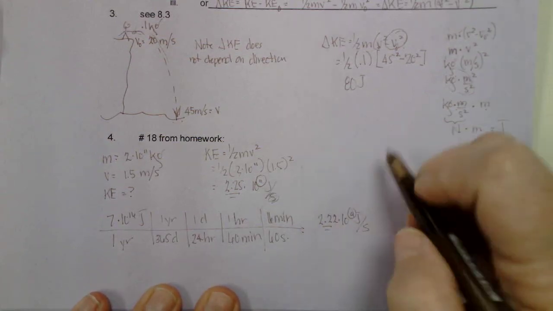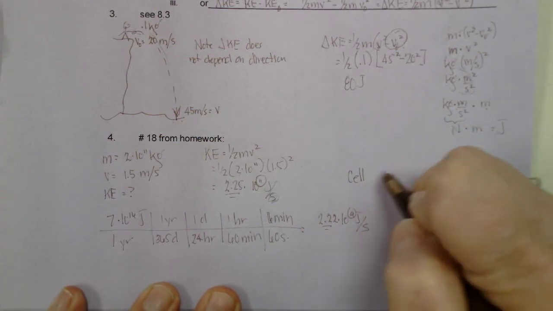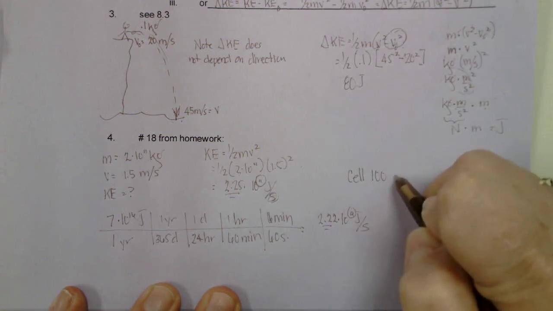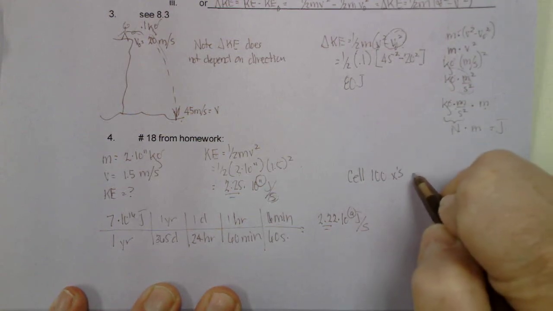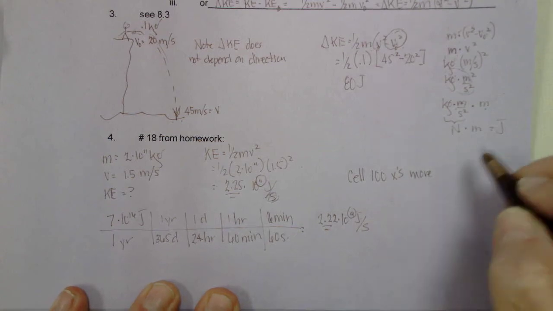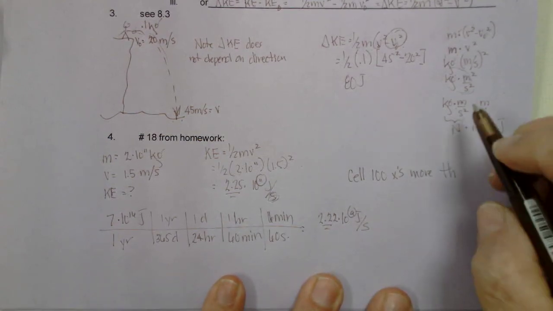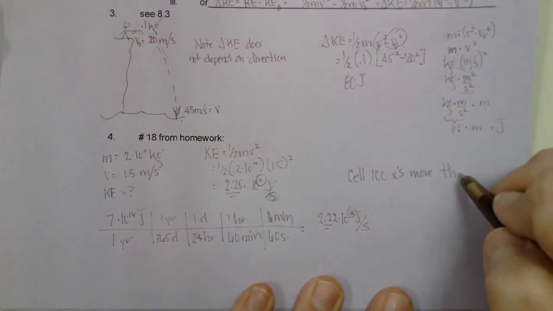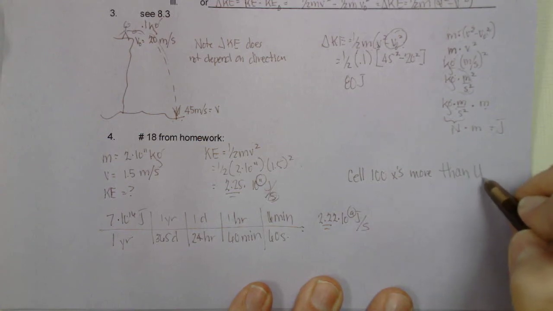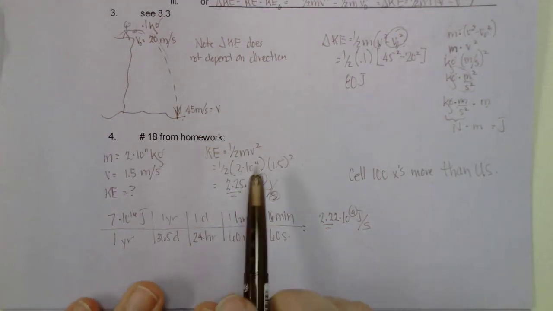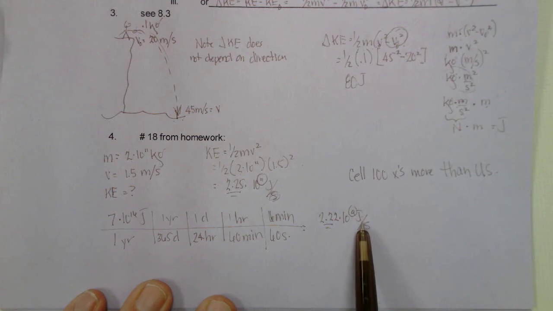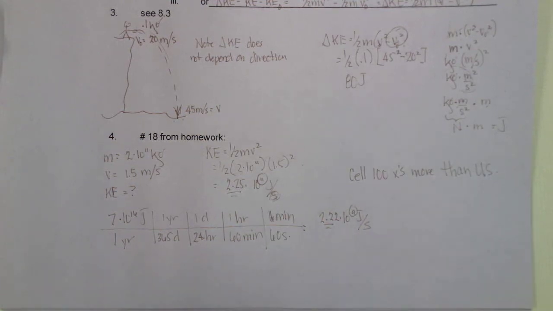So the Hadley cell at that point was 100 times more than what the US used per second. Okay, so the ratio would have been this ratio to this ratio, 100 to 1 essentially is what it works out to be. All right, that's just a little dimensional analysis to make a comparison.